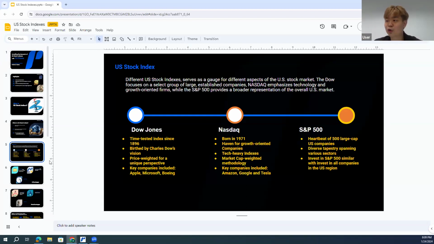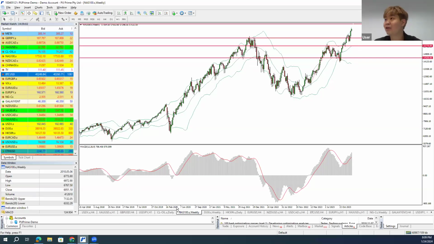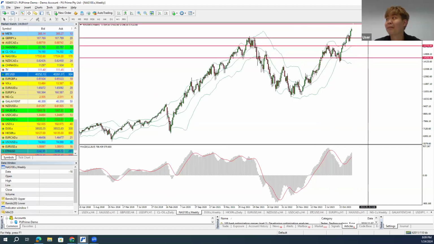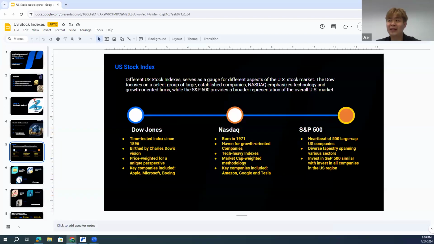Later, I will show you the example of the Dow Jones and Nasdaq, because you can notice recently, especially for Dow Jones and Nasdaq, they're trying to reach all-time highs. So there are certain fundamentals causing this kind of index increase aggressively that I will also be expanding one by one. Okay, so now you get a brief understanding of the Dow Jones, 30 big companies in the United States, including different sectors.